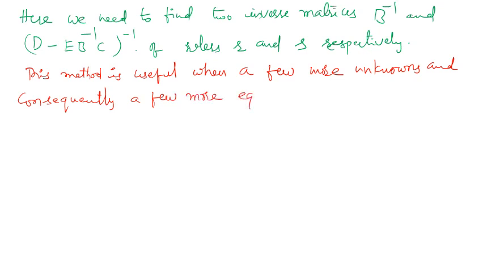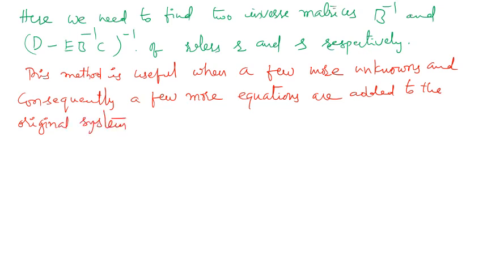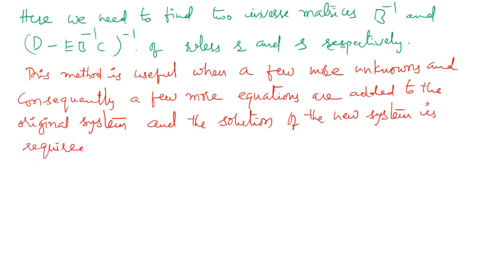If I add unknowns, then equations also increase. A few more unknowns are added to the original system, and the solution of the new system is required. See what is the idea?